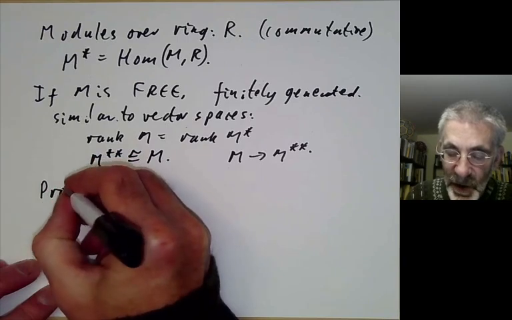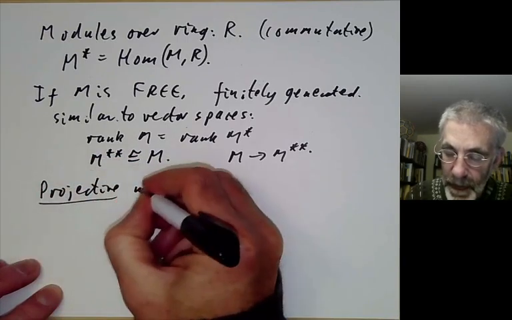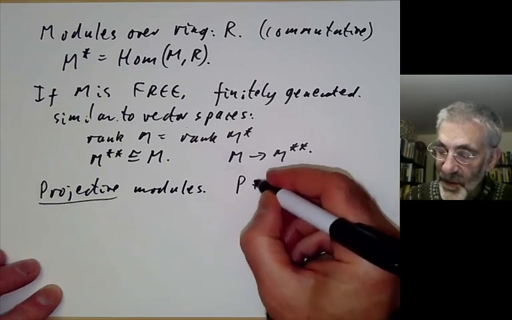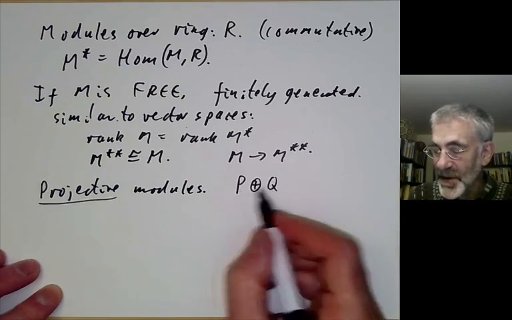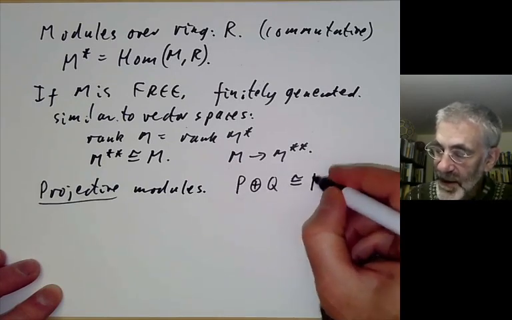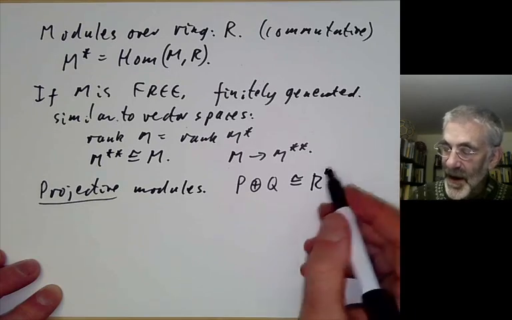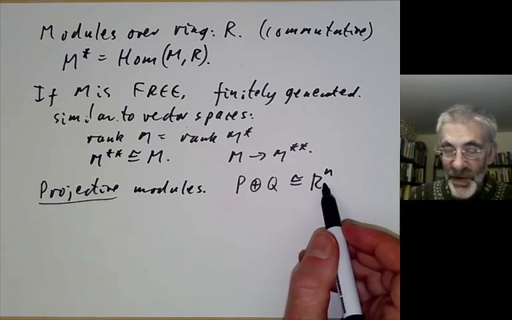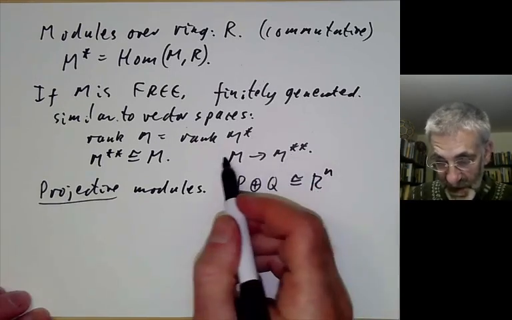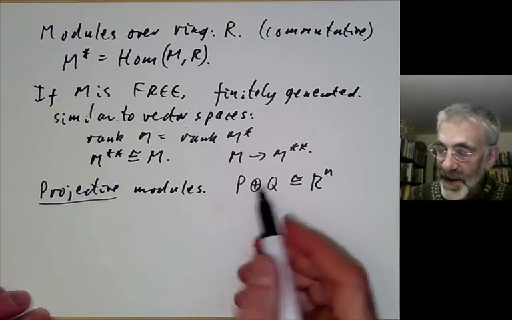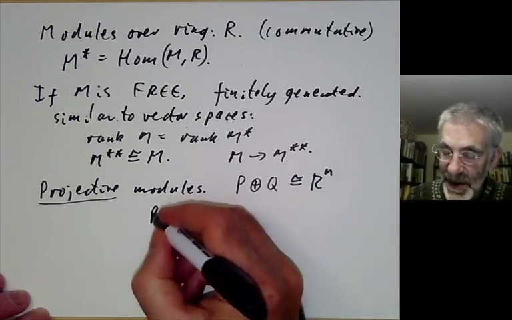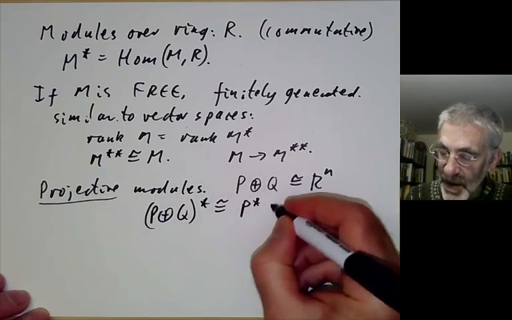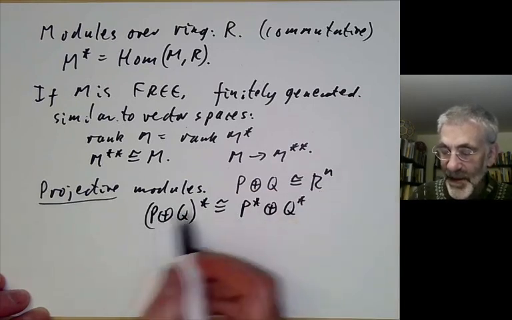There's one variation we can do. We can look at projective modules. So you remember, if we've got a finitely generated projective module P, then there's another projective module Q such that the direct sum P plus Q is isomorphic to R^n for some n. So this is nice duality. And if a module has some sort of nice duality theory, in other words, if it's isomorphic to its double dual and so on, then all direct summands of this also have this property, because the dual of P plus Q is obviously just isomorphic to P dual plus Q dual and so on, and the same for double duals.